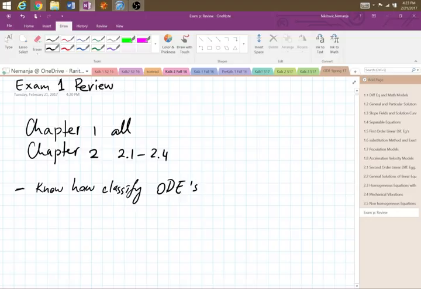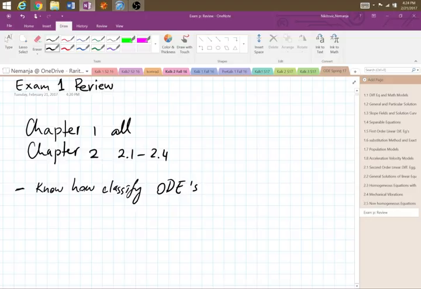So you have those classifications that will be in one of the problems. We'll just say state what type of differential equation you have, and you just write next to it, maybe A and B, like two cases.